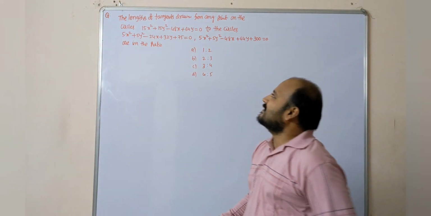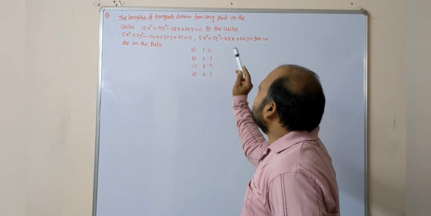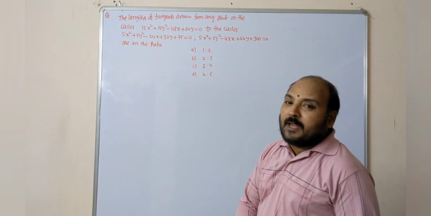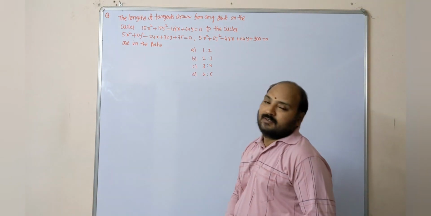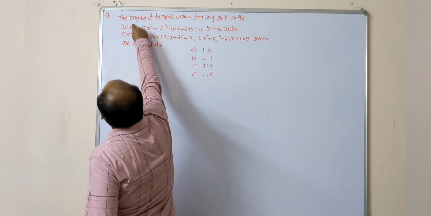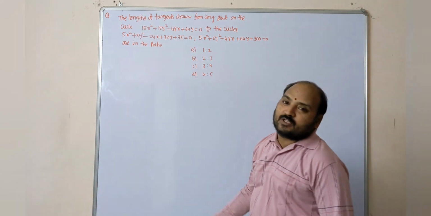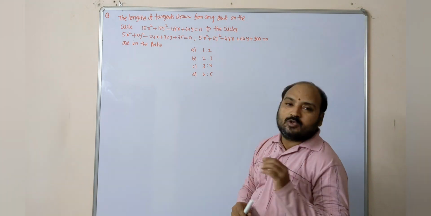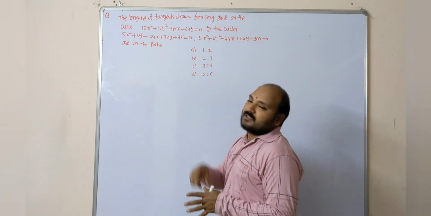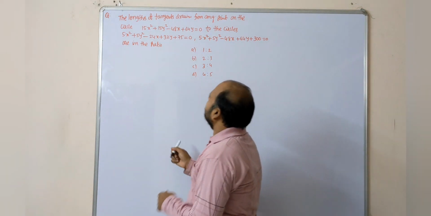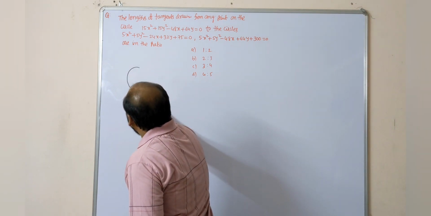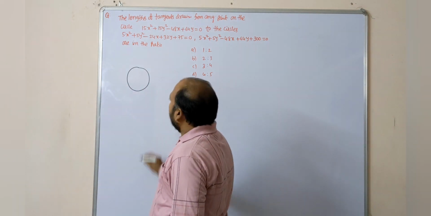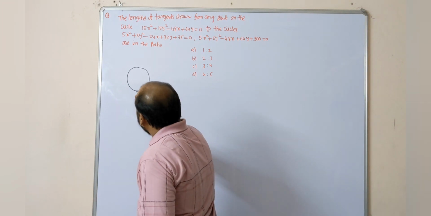The next question is: the lengths of tangents drawn from any point on the circle 15x square plus 15y square minus 48x plus 64y equal to 0 to the circles. So the figure will come like this, dear students. This is the first circle. On this circle, you are taking one point.